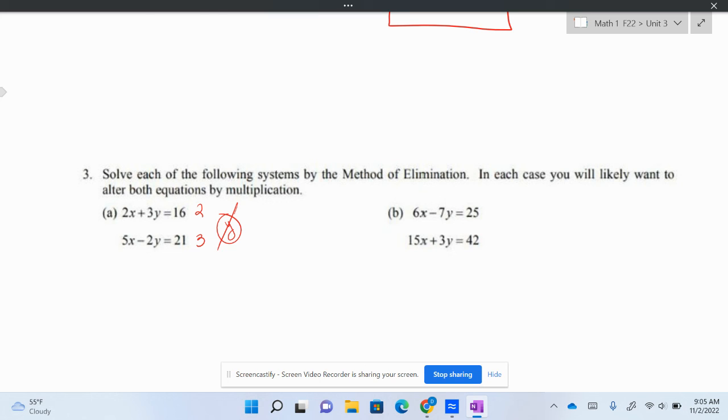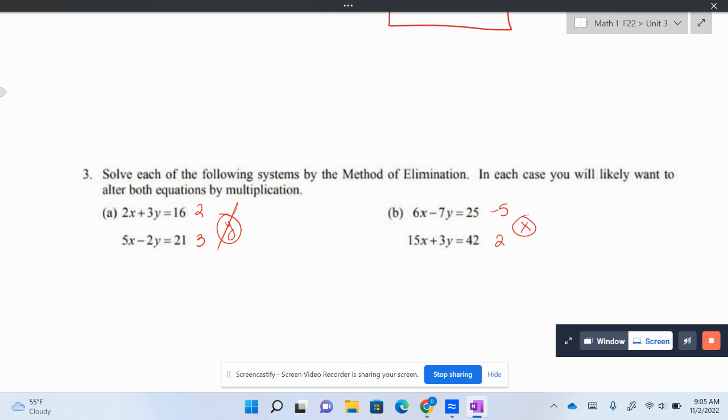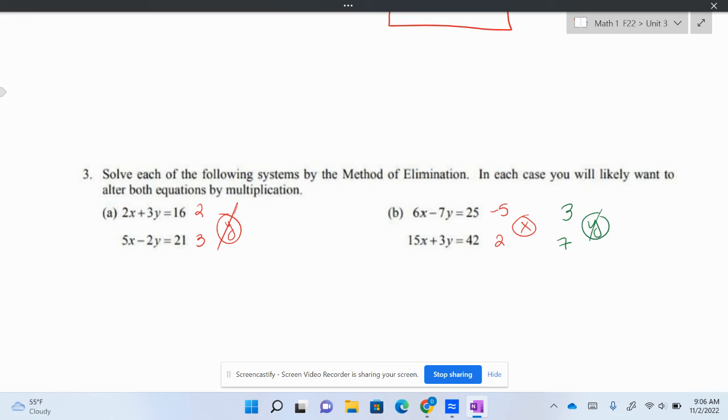For letter b, I would probably multiply the bottom one by 2 and the top one by negative 5, and that would eliminate the x's. Or you could multiply the top one by 3 and the bottom one by 7, and that would eliminate your y's.